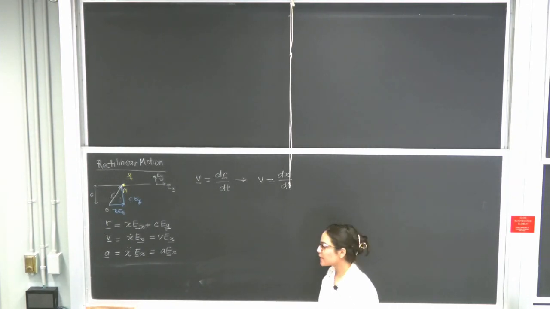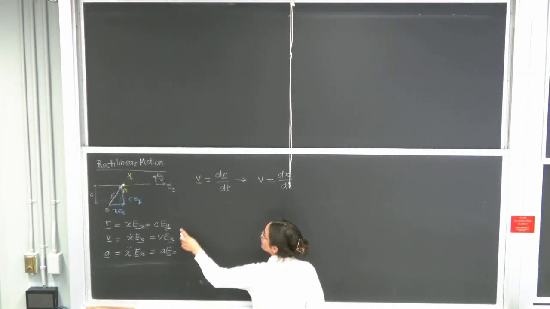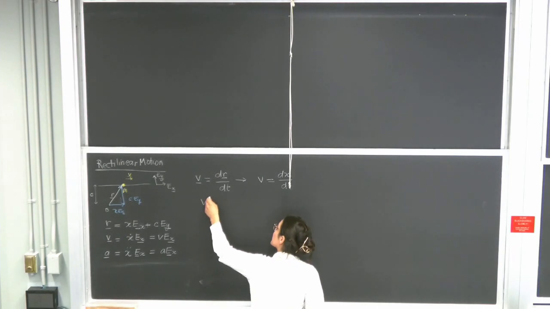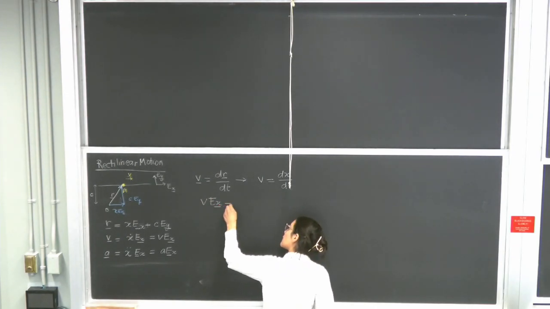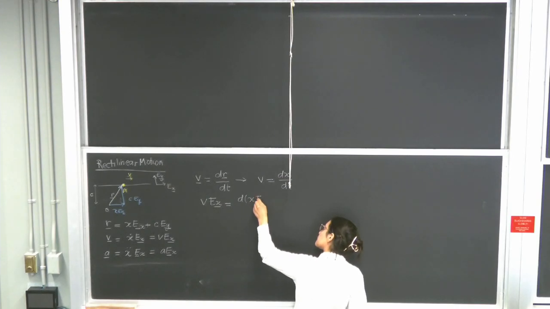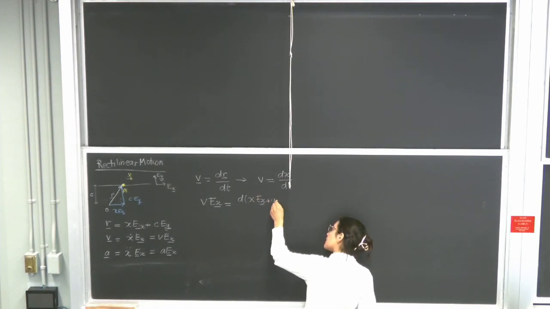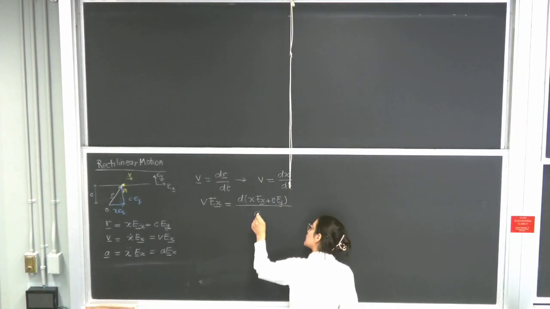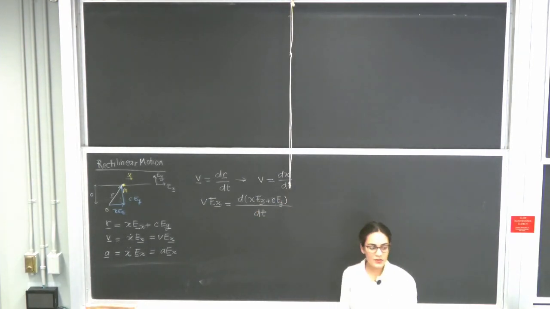We'll do it step by step. I will replace v by v Ex, and I will replace r by x Ex plus c Ey, over dt. Are you with me so far?